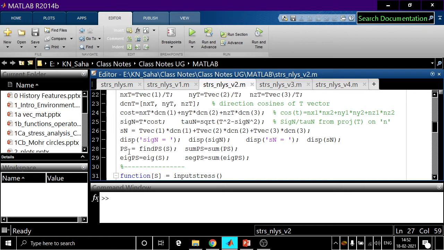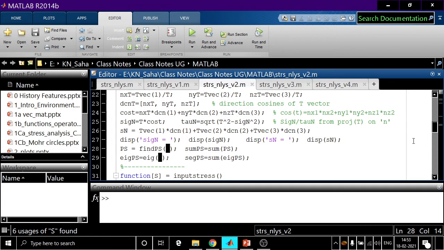So to determine this principal stress, what have we used? Actually, we have used those analytical equations. We have just mentioned what those analytical equations are. Okay. And that is calculated in another function which is find PS. Let us go to that find PS.